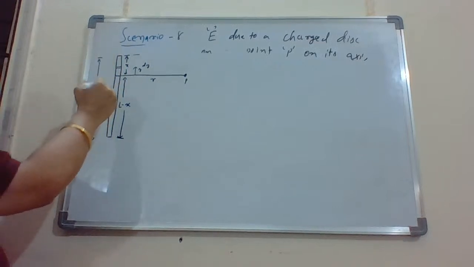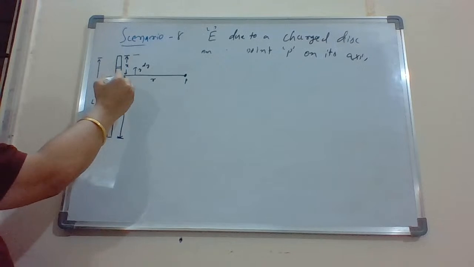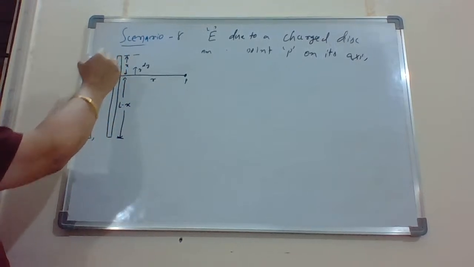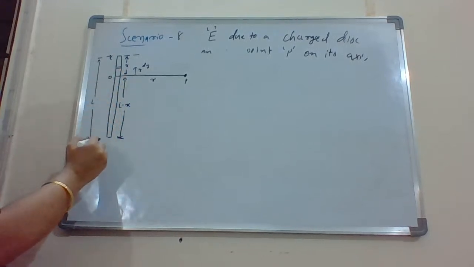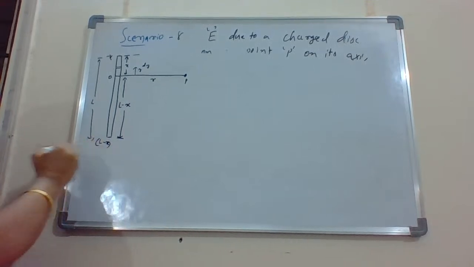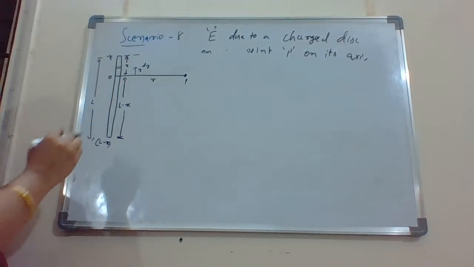If this is the origin, then on this side this is minus x, and on the other side the total distance would be L minus x. So within these limits, my interval would vary.